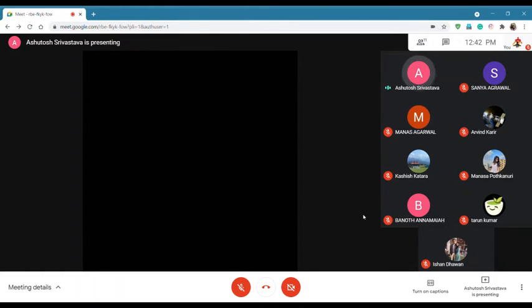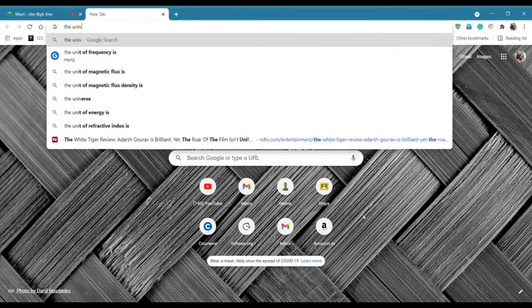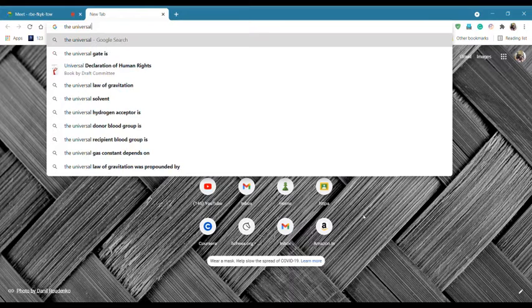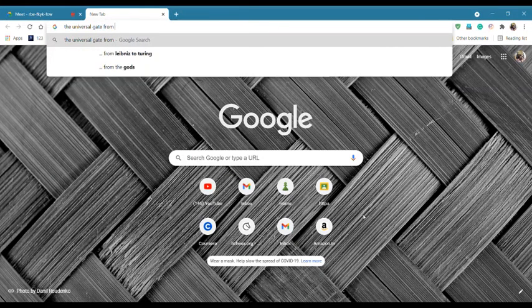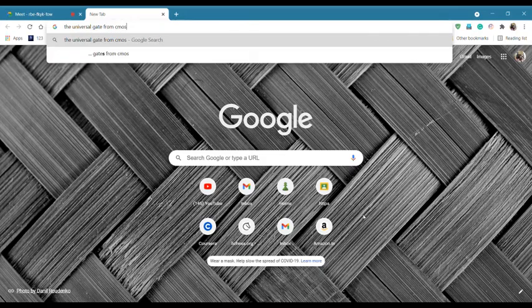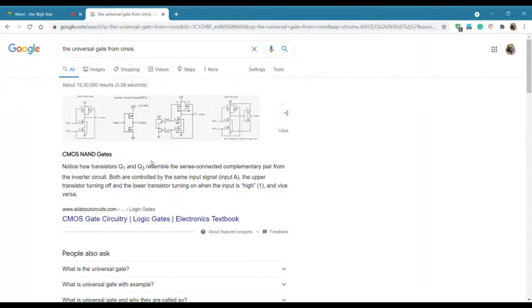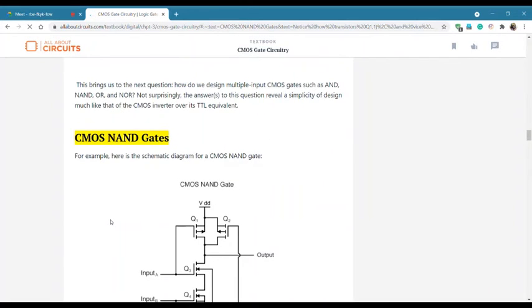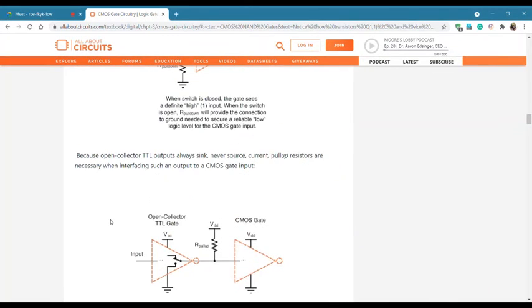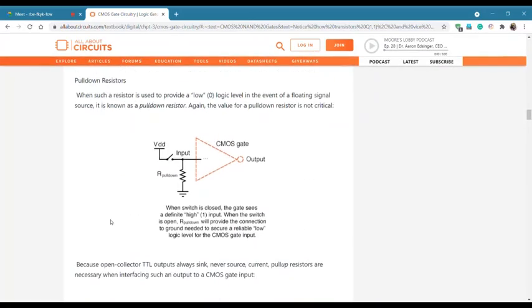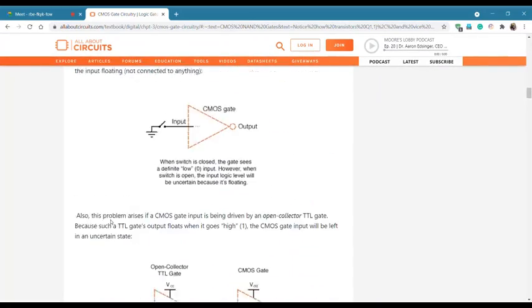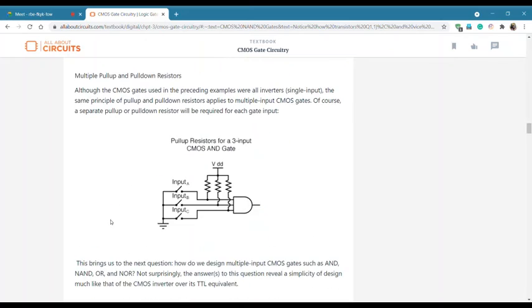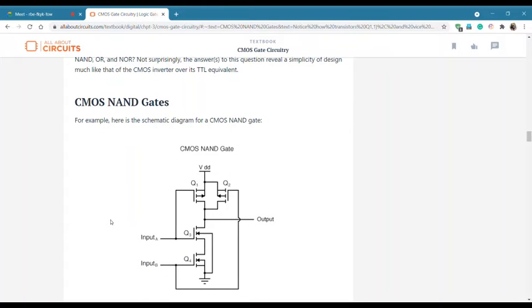How do we make the universal gates that we have talked about, that are the building blocks for combinational circuits or sequential circuits, using CMOS? We all know what a CMOS is. I think you must have studied CMOS, or I am just trying to revise it. Yes, we have studied CMOS. Right. So, how do we make universal gates out of CMOS?